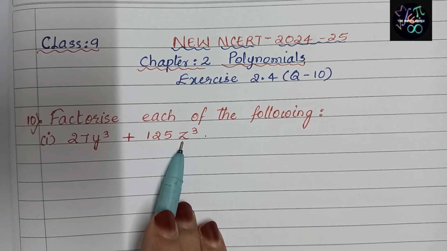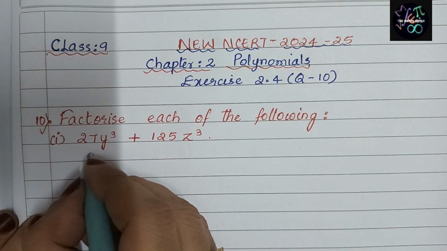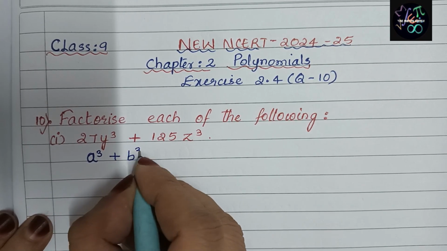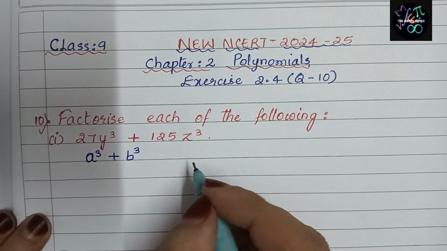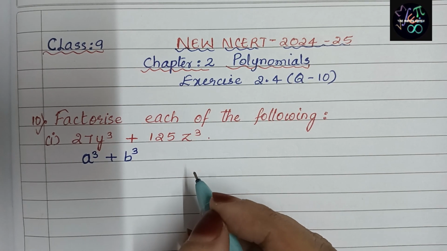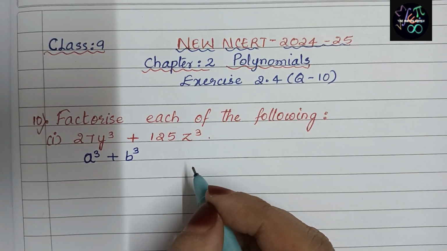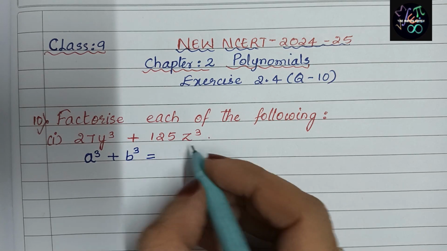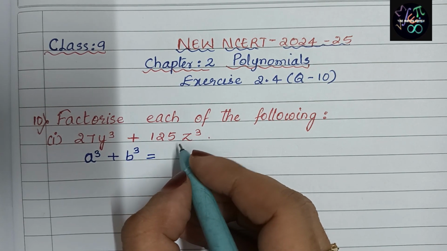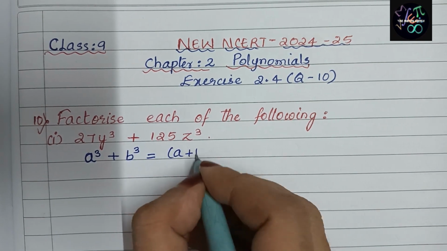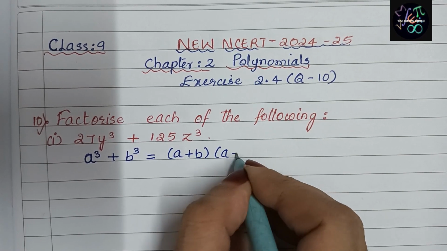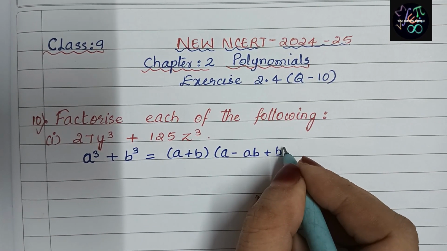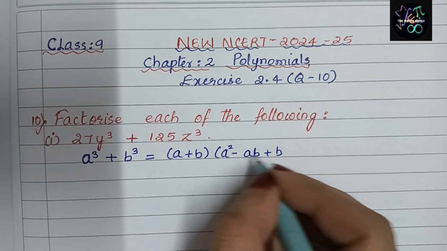So here we can use the formula a cube plus b cube, or we can write x cube plus y cube. In terms of x also we can write, and in terms of a and b also we can write. So a cube plus b cube is nothing but a plus b, a square minus ab plus b square.